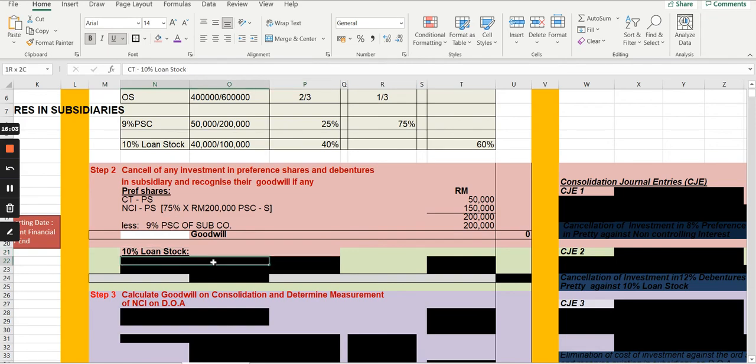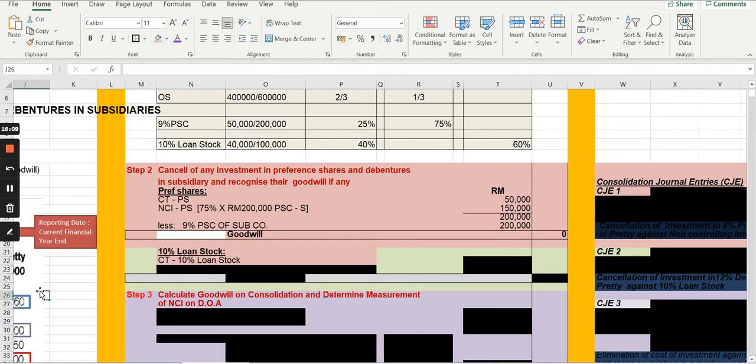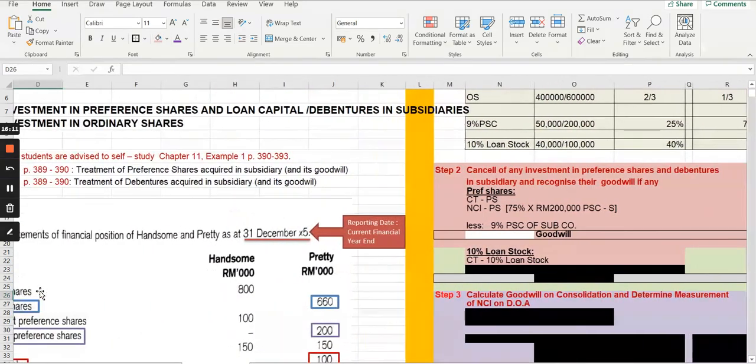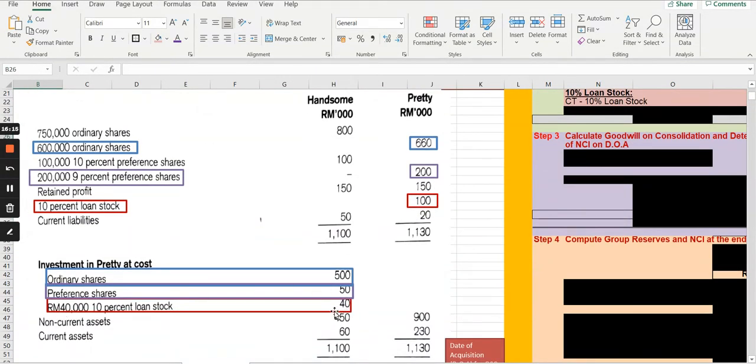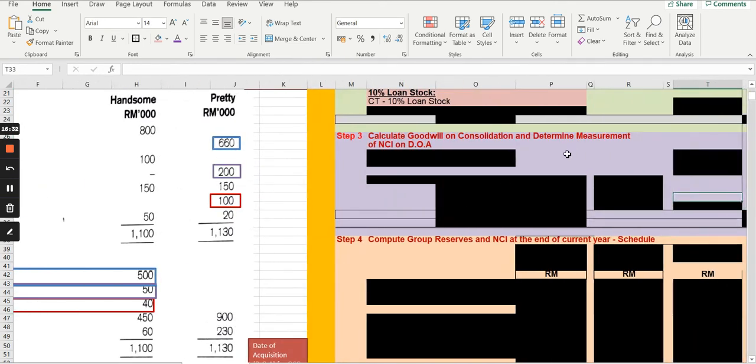The next one is for you to look at the investment in your debenture, your loan stock. The same thing that you need to do is to find out the consideration transferred for the loan. If you have checked what I mentioned earlier, it was 40,000. Go and check that and refer to the textbook, refer to the question yourself. Go and jot down what I've done here in your own textbook. Take the textbook and do it with me here. So it is 40,000, and you're going to put that 40,000 here.